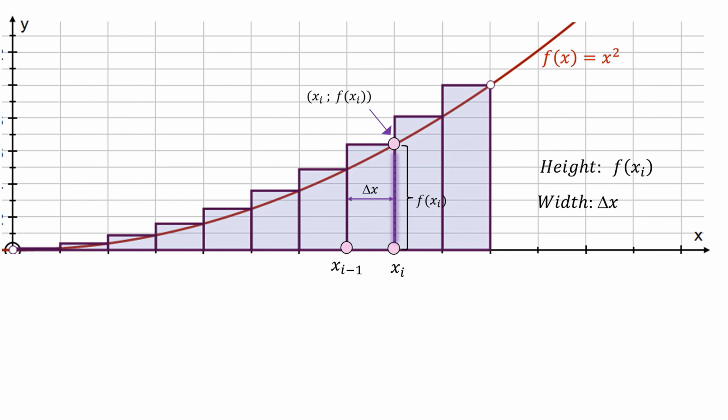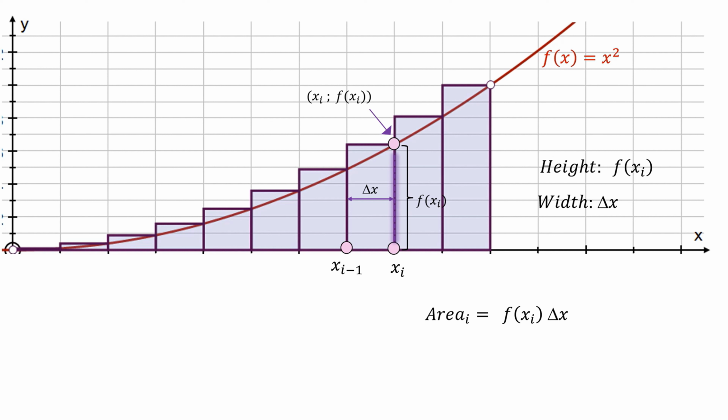So f of x sub i will be the height of the rectangle, and delta x is the width of the rectangle. And the area of a rectangle is width times height. So the area of the ith rectangle will be f of x sub i times delta x.